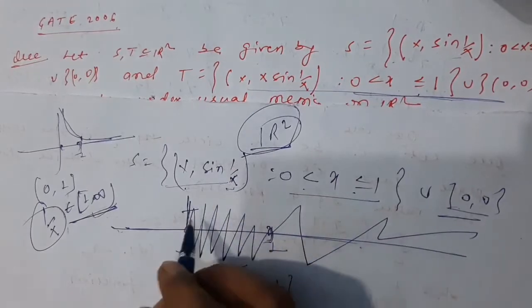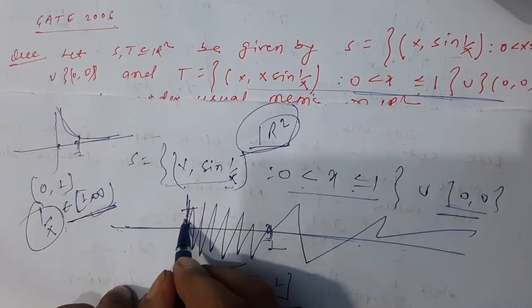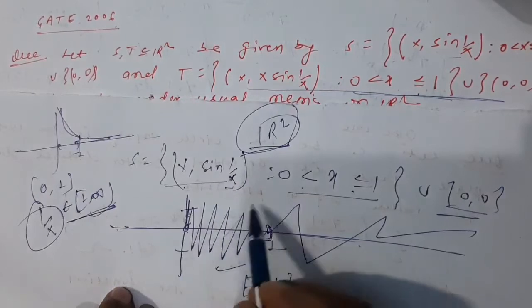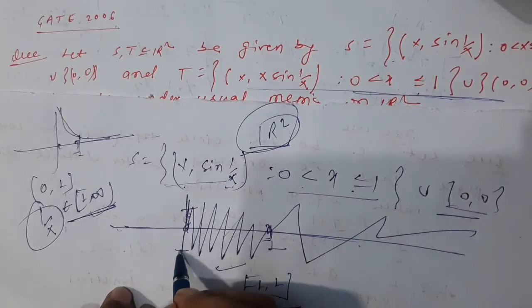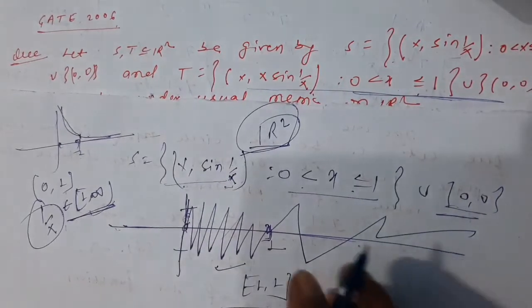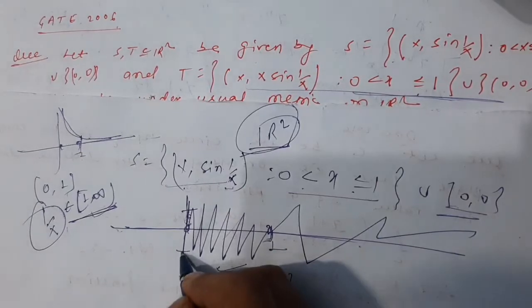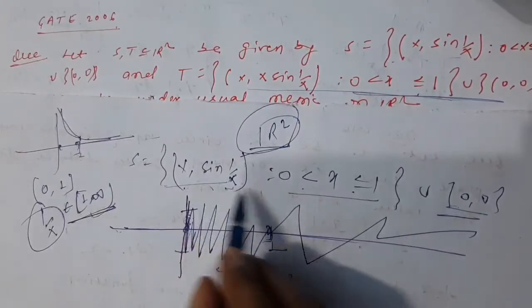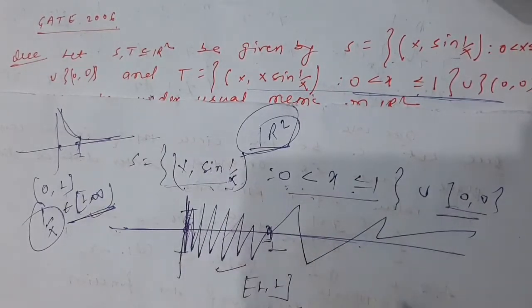It means if you make a neighborhood of any radius, even a very small radius, it still intersects many points of the graph of this set S. So all points on the y axis lying between -1 and 1 will be limit points of this set, but they do not belong to this set because 0 is not in the domain. So the set does not contain all its limit points.